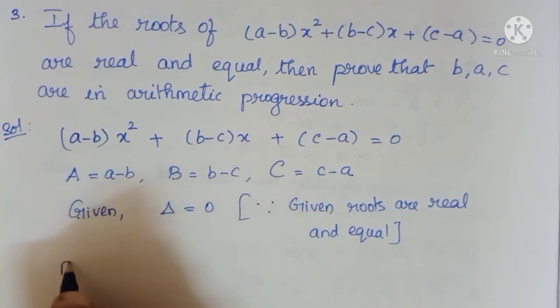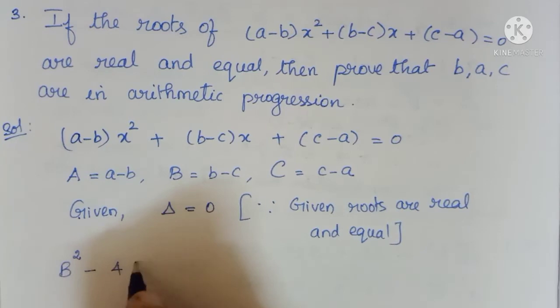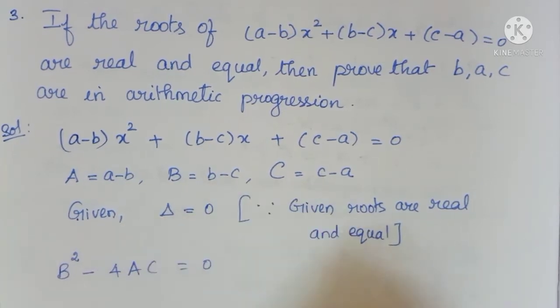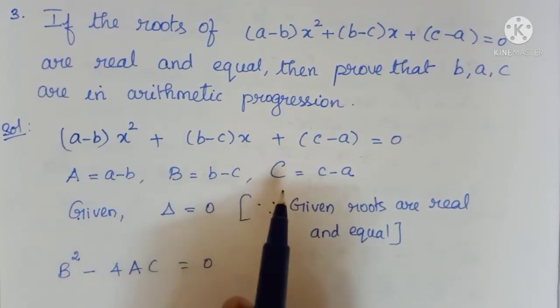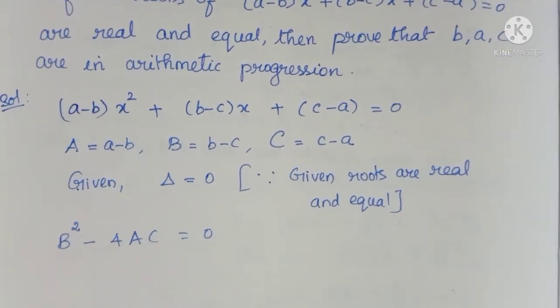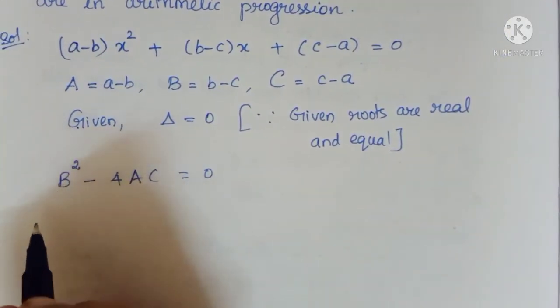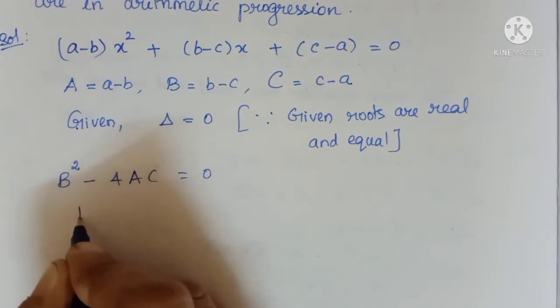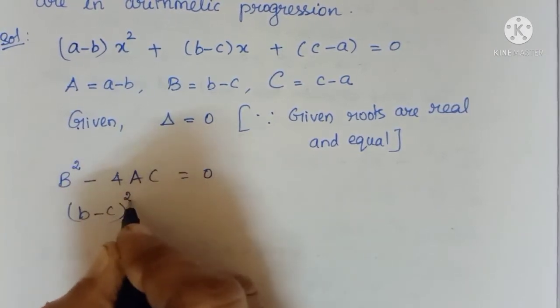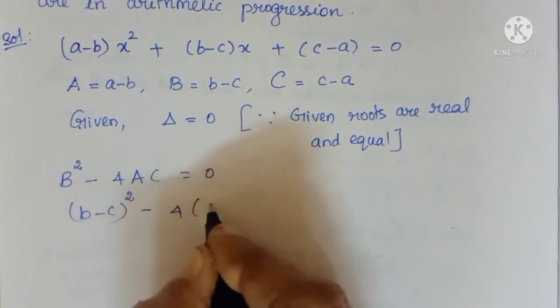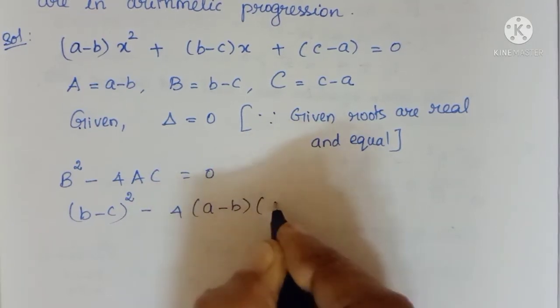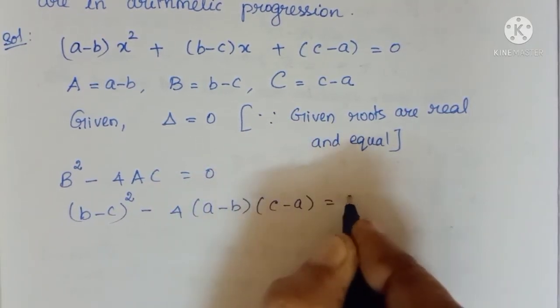So that one we can take b squared minus 4ac equal to 0. So that only here I took a, b and c here. Okay. Now replace a, b, c value in this discriminant. So we will get b is b minus c the whole square minus 4 into a minus b into c minus a equal to 0.